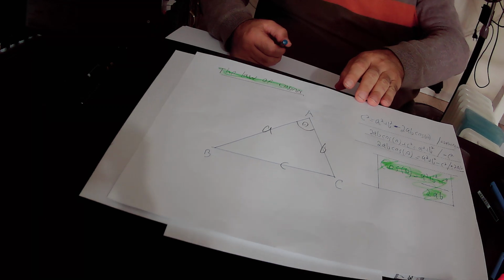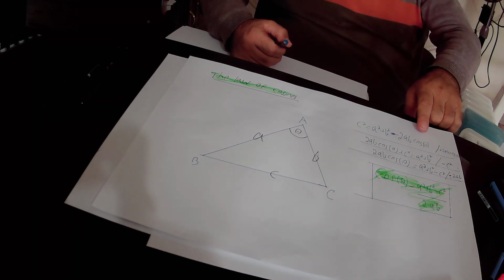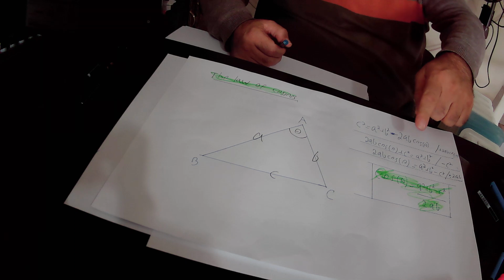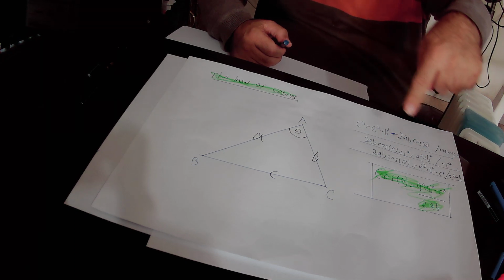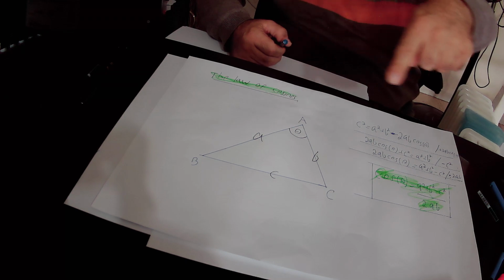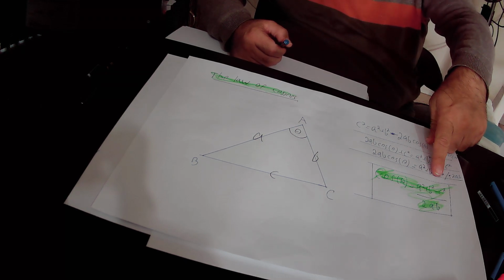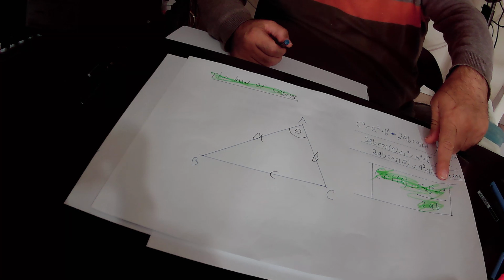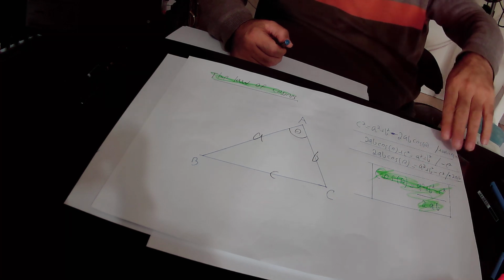And from this equation it is very easy to arrive at cosine theta equals A square plus B square minus C square over 2 times A times B.